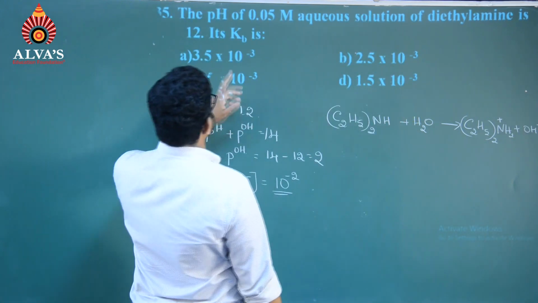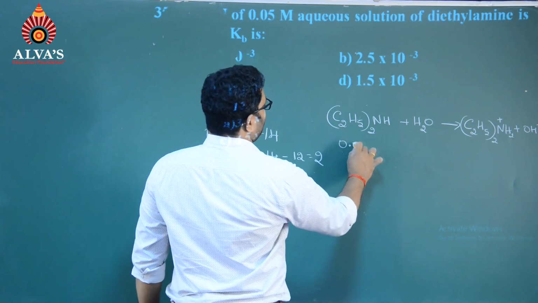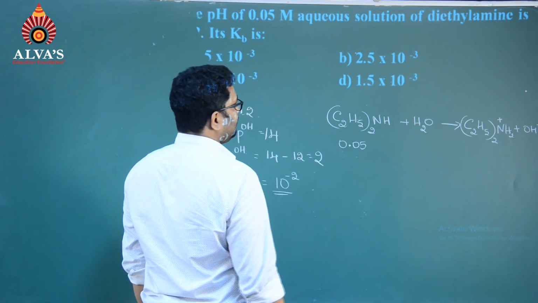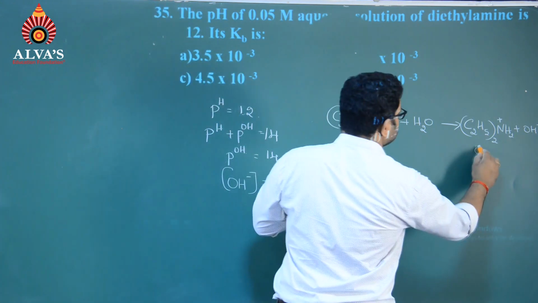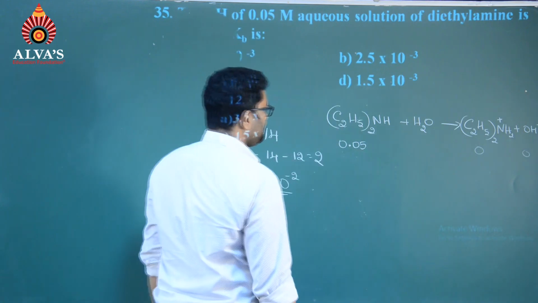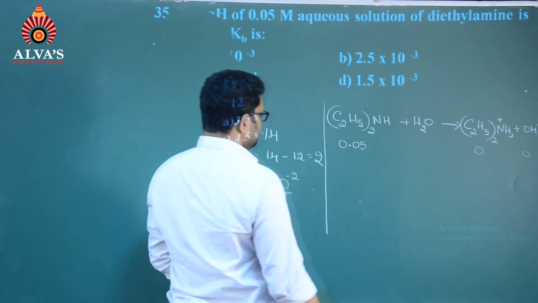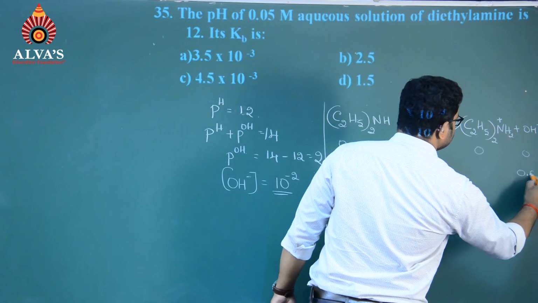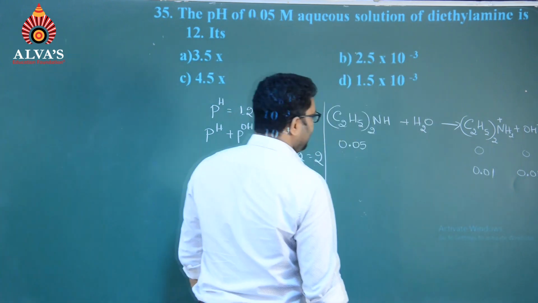The initial concentration of diethylamine was 0.05, and initially the concentration of the products was 0. Now, after some time, the OH minus ion concentration is 0.01. If it is 0.01, the other ion is also the same.